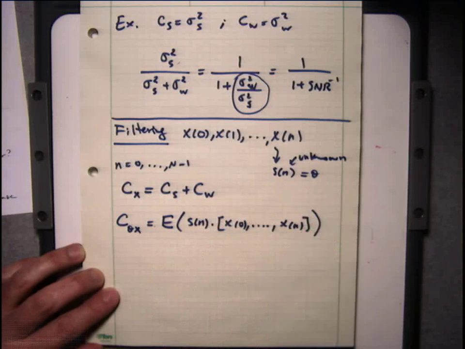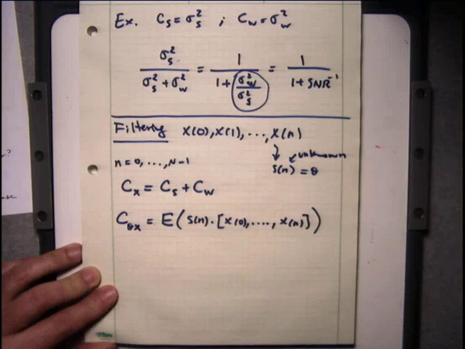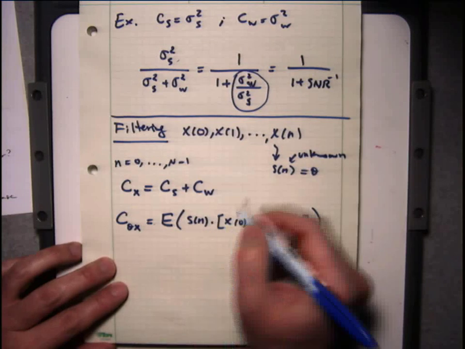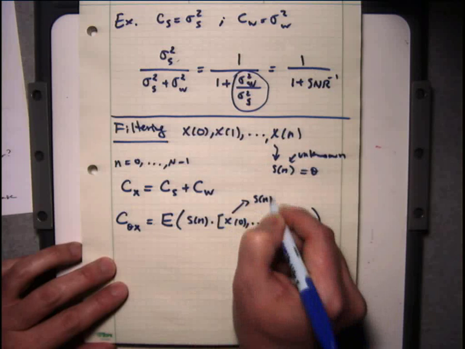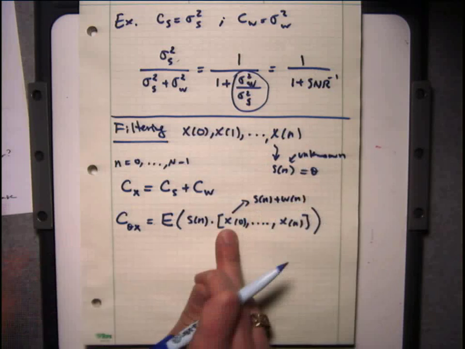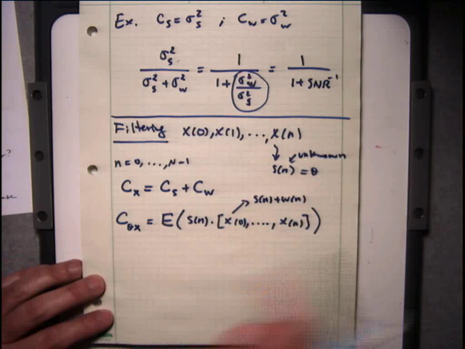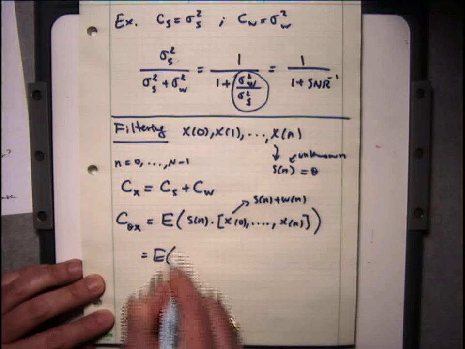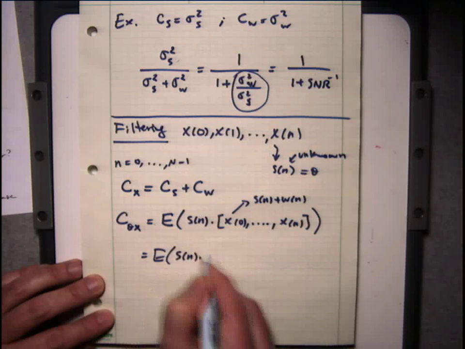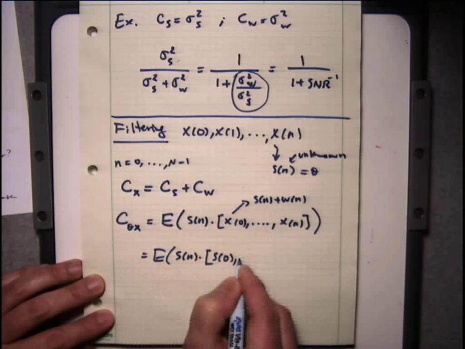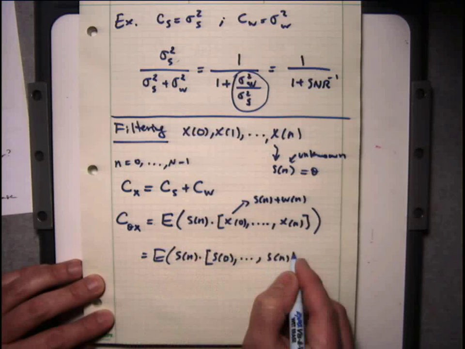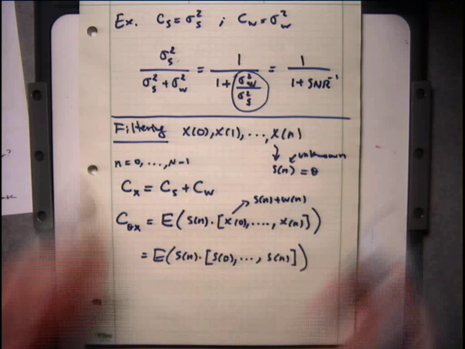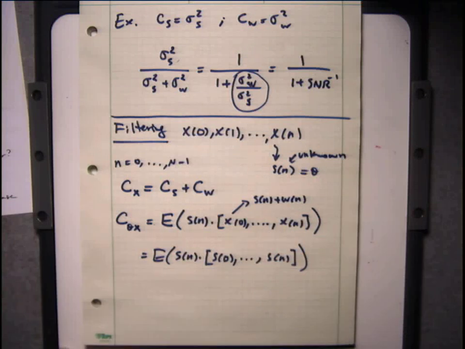And x here is s of n plus w of n. So I can rewrite this as s plus w, and then multiply everything through. What I'm going to get is the expected value of s of n times s of 0 through s of n. The w goes away because I've assumed that s and w are uncorrelated. Does that make sense?